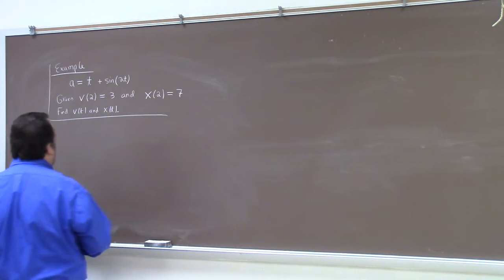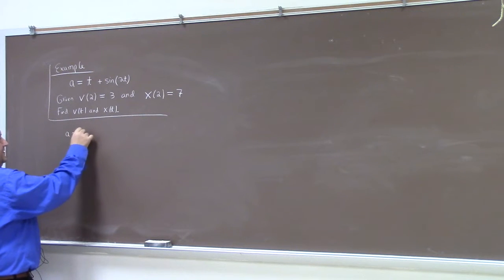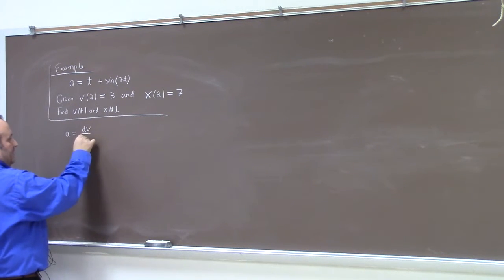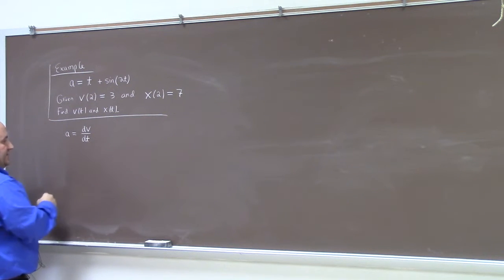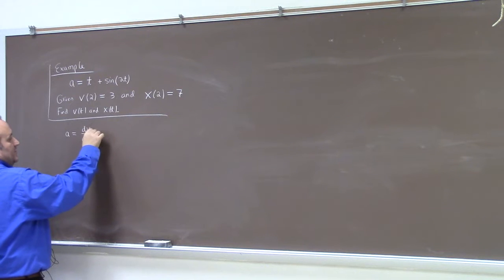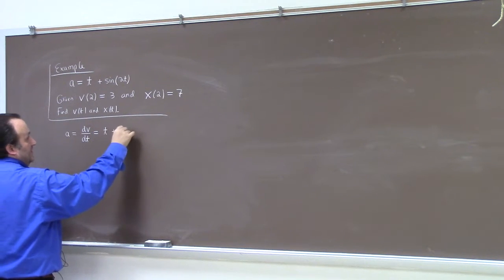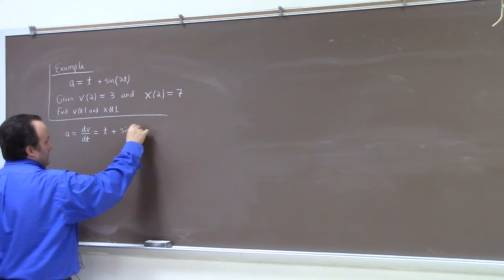So the key here is to notice that a is dv/dt. By definition, the acceleration is the instantaneous rate of change in the velocity. But we also know that it's t plus the sine of 2t.